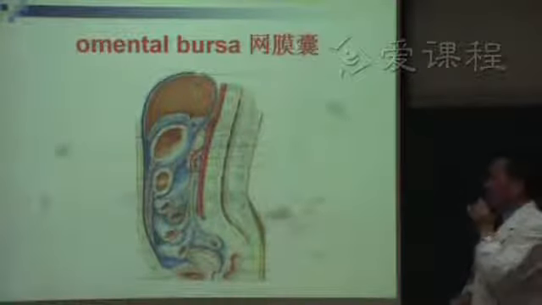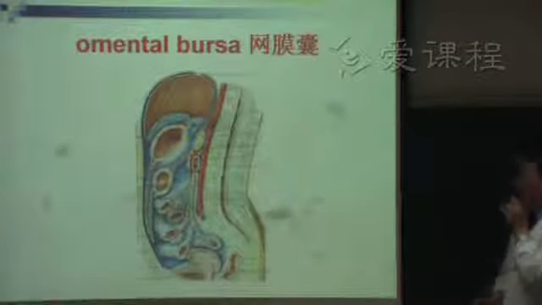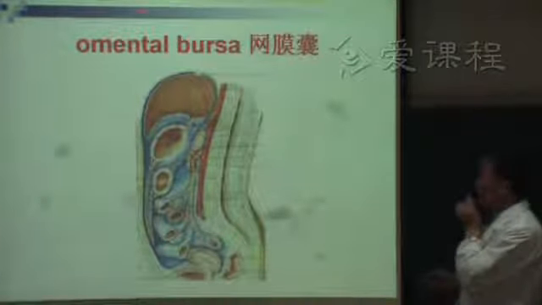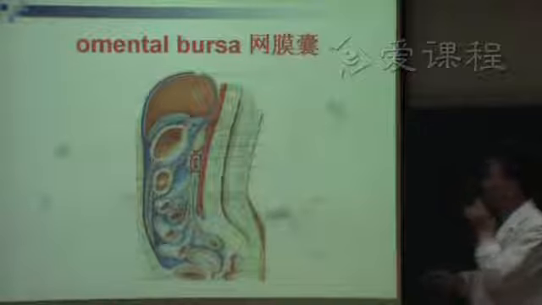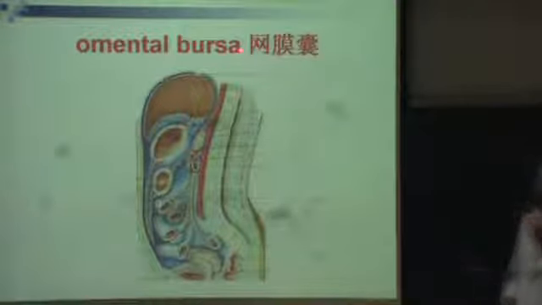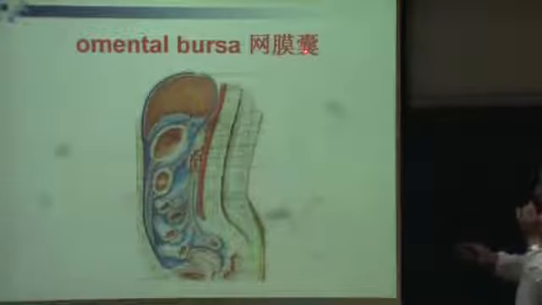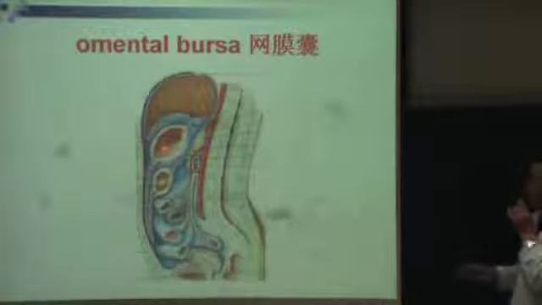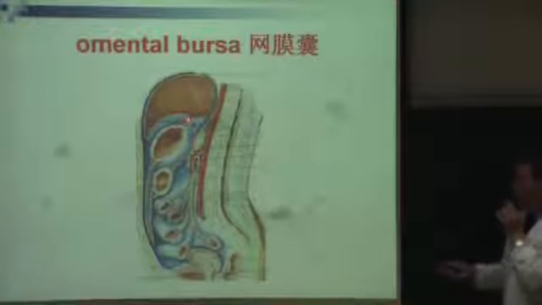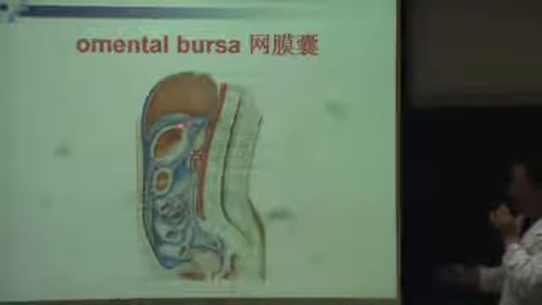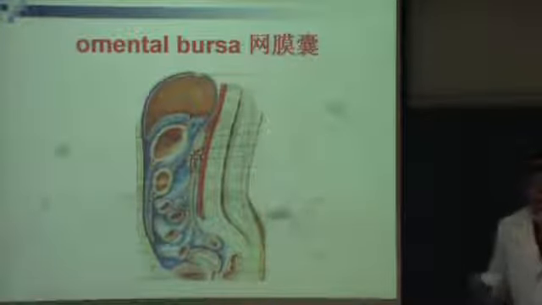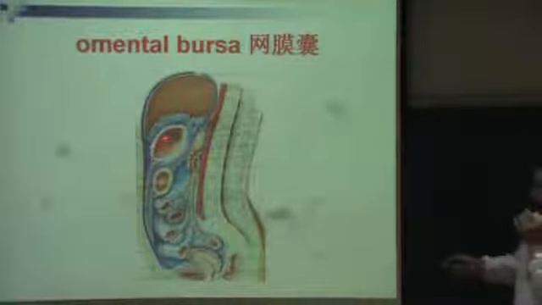And then we should identify a special structure. It's called the omental bursa. Where is it? It is located mainly behind the lesser omentum and the posterior wall of the stomach.